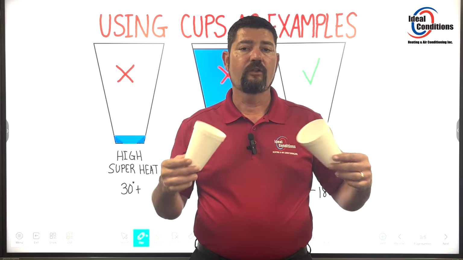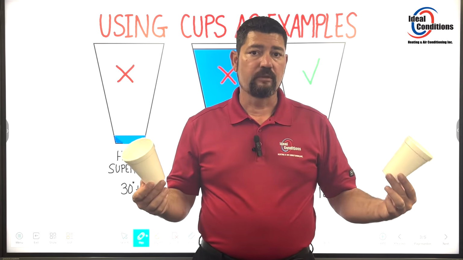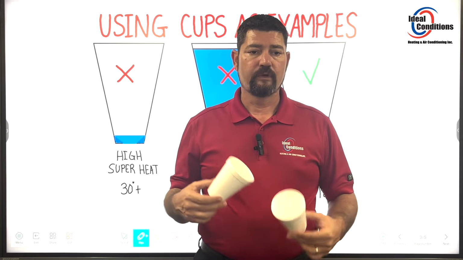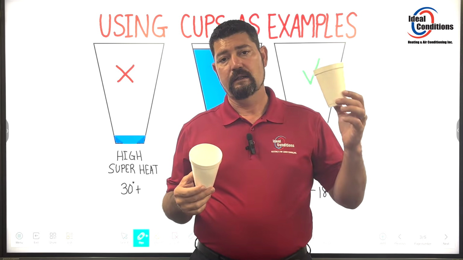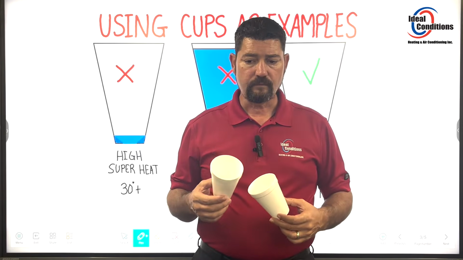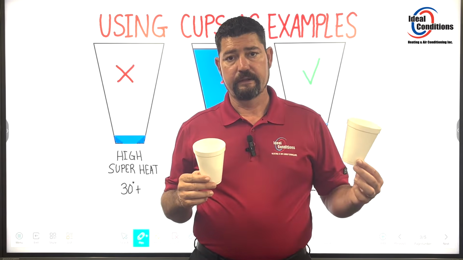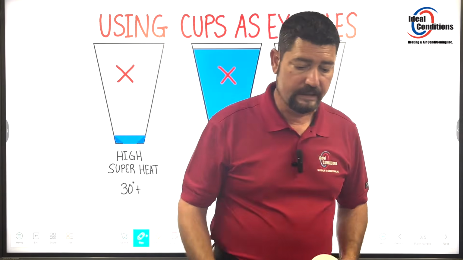I'm flooded out, I'm overcharged, and that's pretty simple diagnostics. But what happens when we get a little more complicated, where we have too much liquid on one end and no liquid on the other end? What happens when we have just a little bit of liquid on one end and not enough on the other end, any which way we want to dice it up?